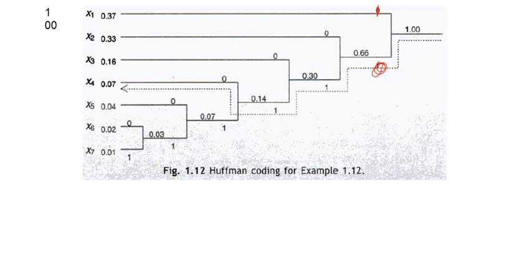So when I am writing like this code word, 00 is the corresponding code word for x2. In the code word 00, the first 0 is the rightmost 0 and second 0 is leftmost 0. Okay, like that you need to assign.